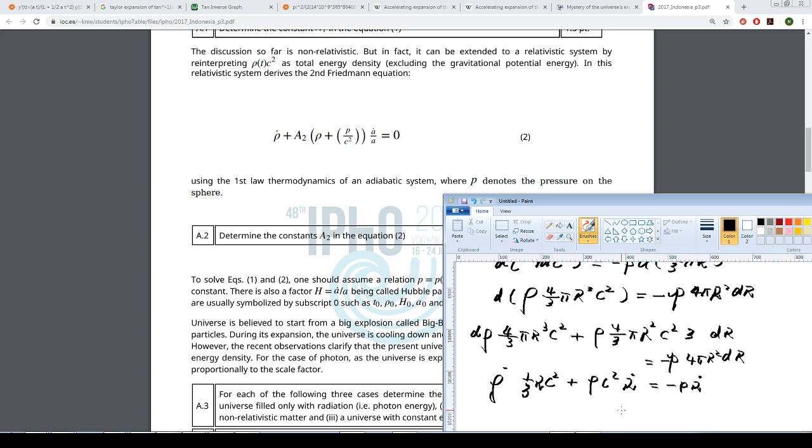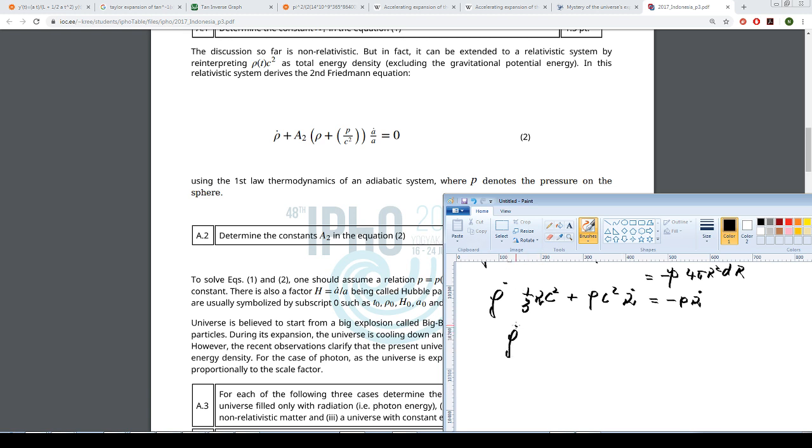So in order to make it look like that, we need to divide by 1/3 r c squared everywhere. And also combine the like terms.